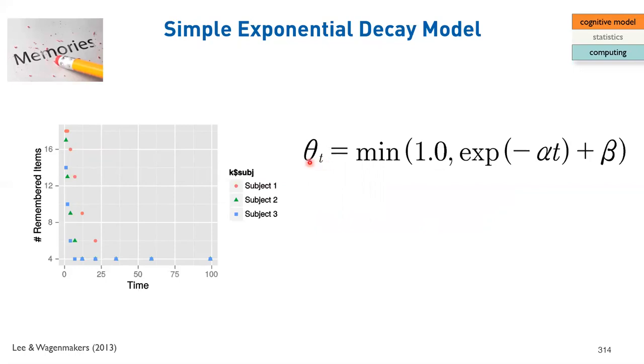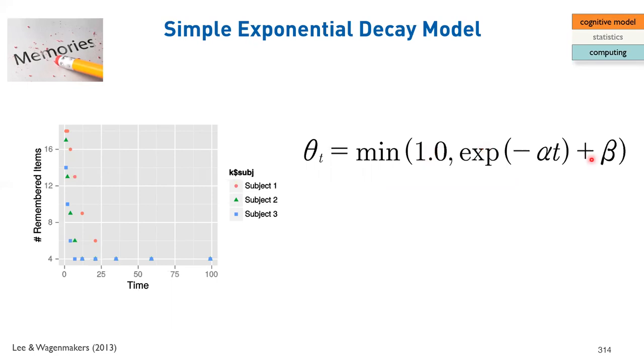This probability of memorizing is calculated in this way. It takes the minimum, the lowest number between this one and this one. This is 1, 100%, and this is the exponential decay part. If this term is above 1, the minimum of the two is 1, which means 100% memorizing, no forgetting.